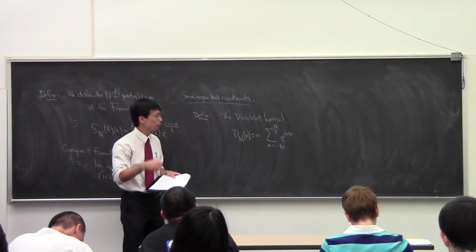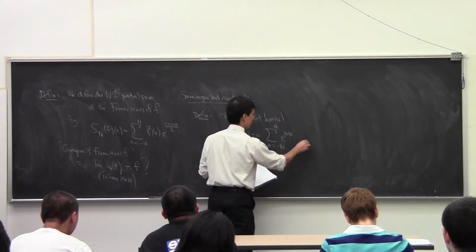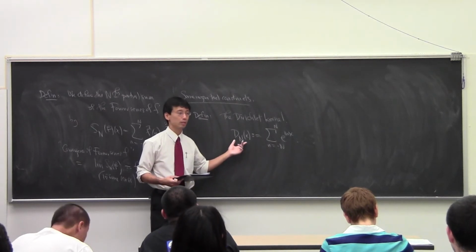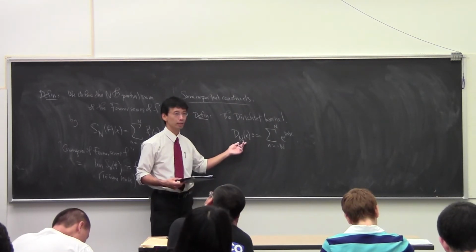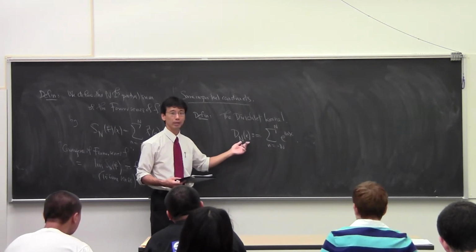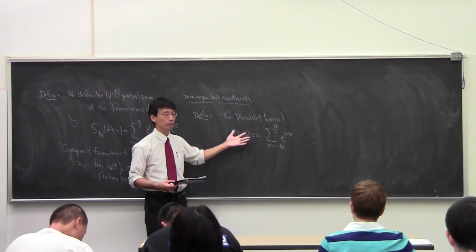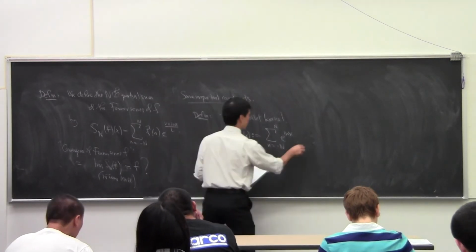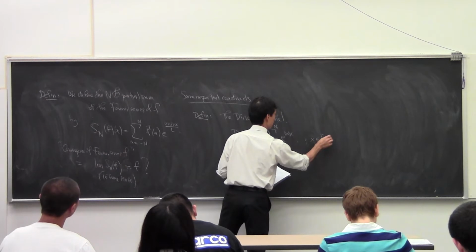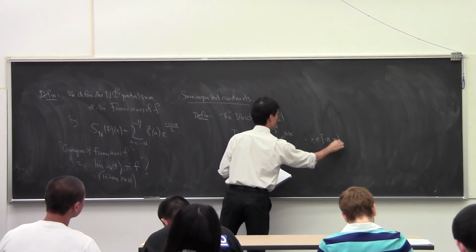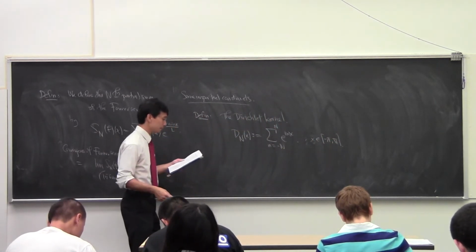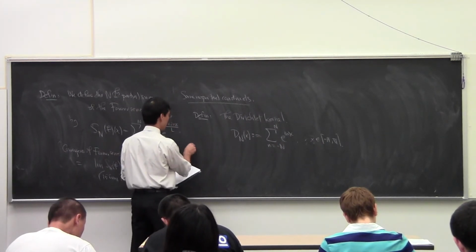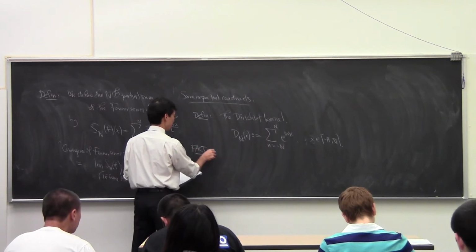Although I call it the Dirichlet kernel, it's really a collection of functions as capital N ranges over the natural numbers. There's a whole family of these functions, referred to as the Dirichlet kernel, where x is a variable that goes from negative pi to pi.